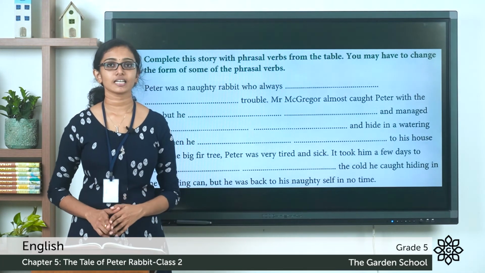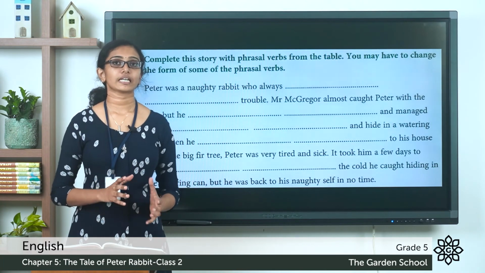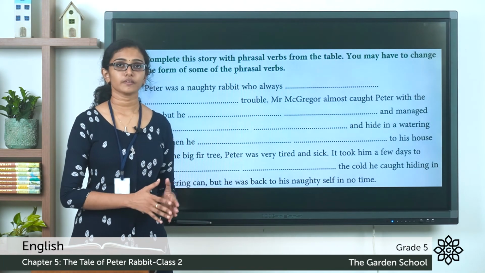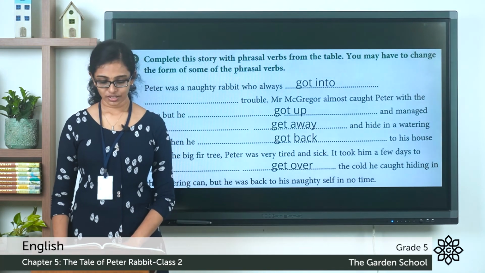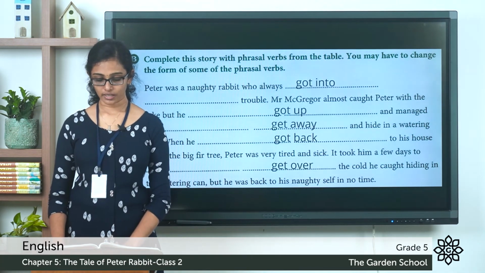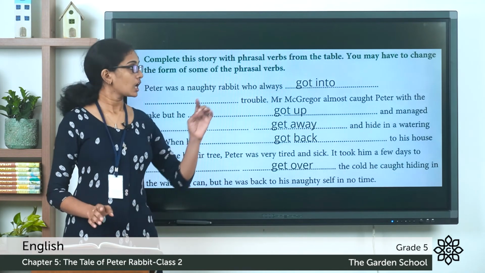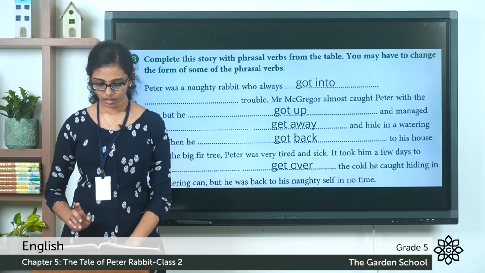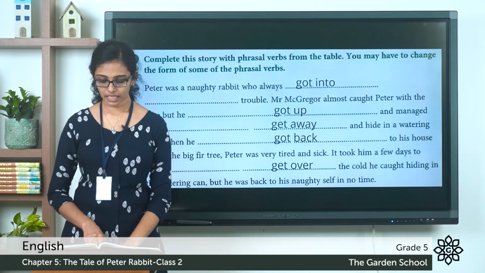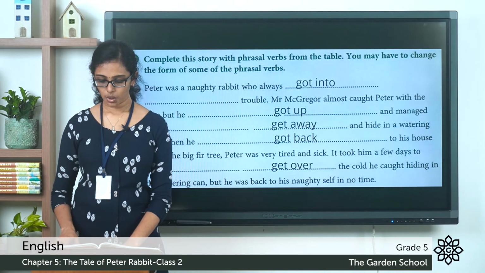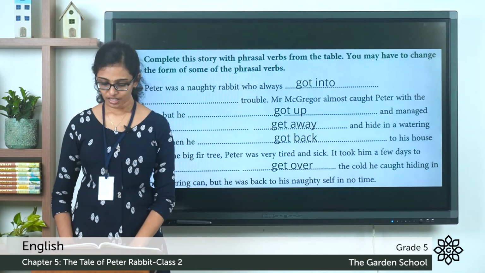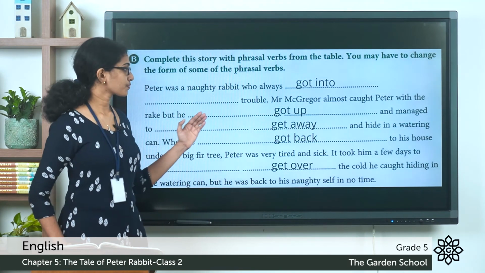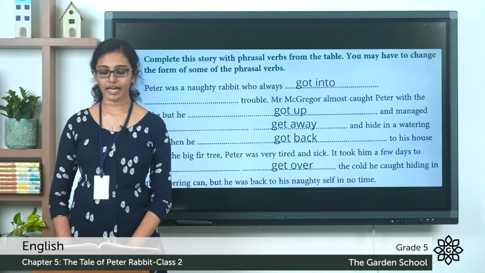Hope you are done with that. Now let's see what is the correct option to be filled up there to complete the passage. So let's see the answers. Peter was a naughty rabbit who always got into trouble. Mr. McGregor almost caught Peter with the rake, but he got up and managed to get away and hide in a watering can.